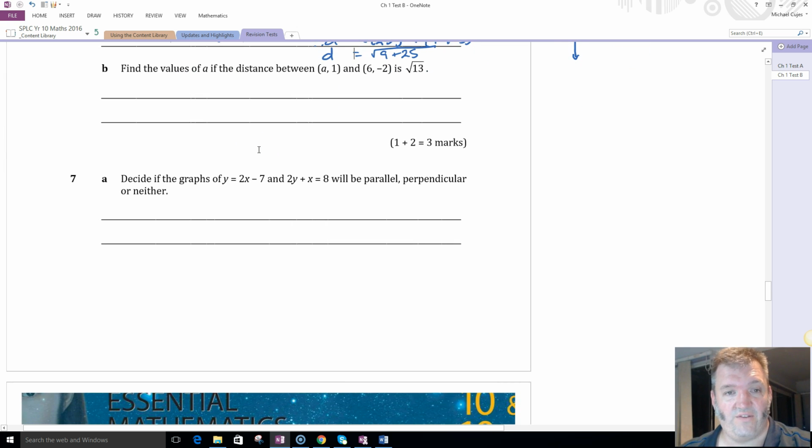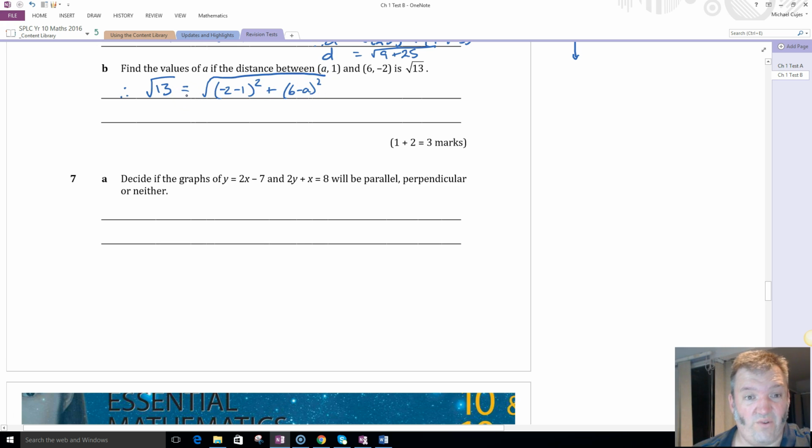This one's slightly more challenging. Find the values of a if the distance between a, 1 and 6, negative 2 is root 13. So this is where I have to use that equation: distance equals the square root of y2 take y1, negative 2 take 1, squared, plus x2 take x1, 6 minus a, all squared.